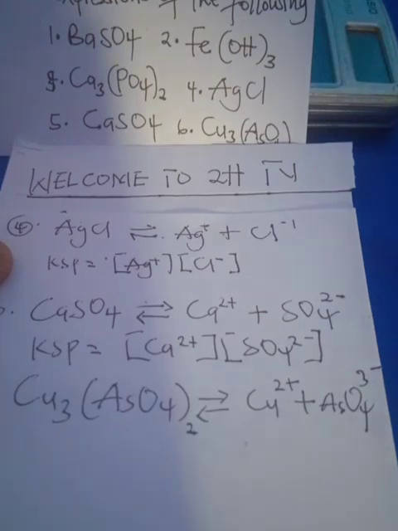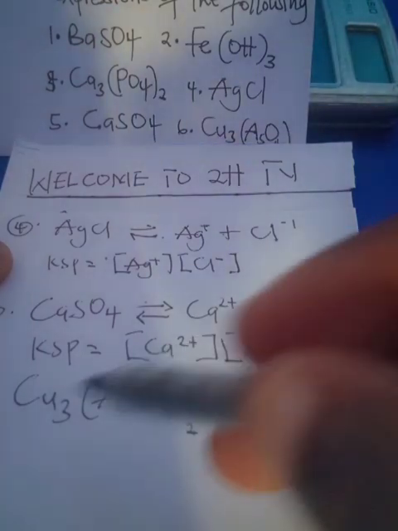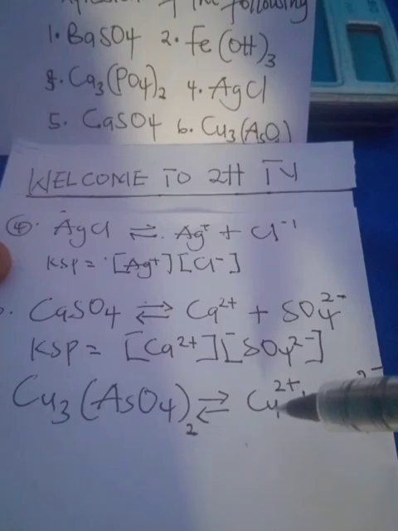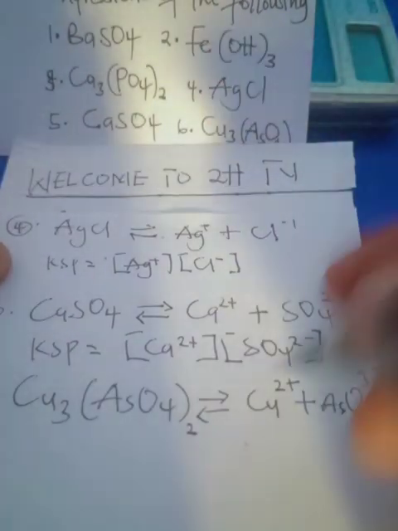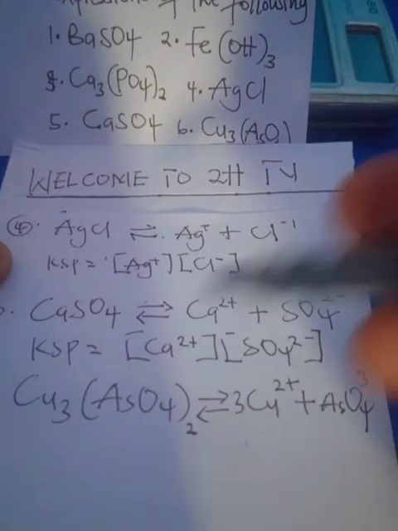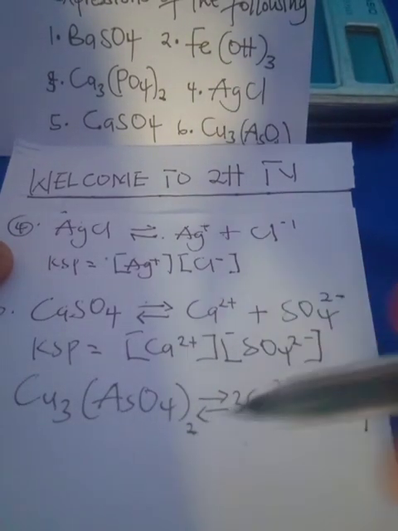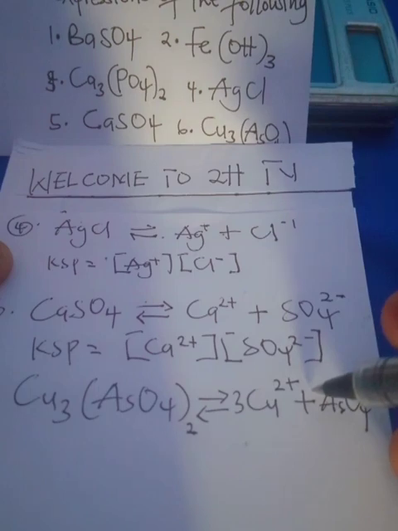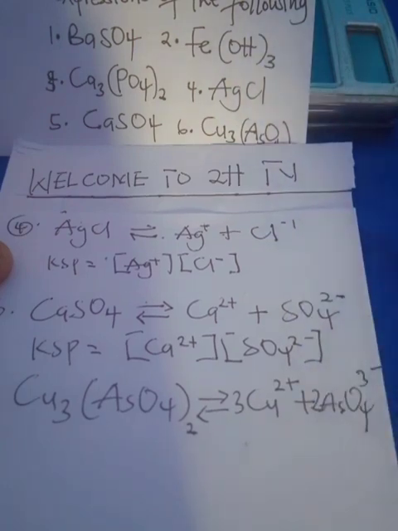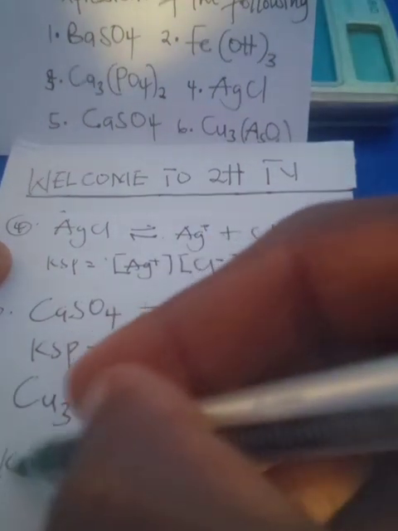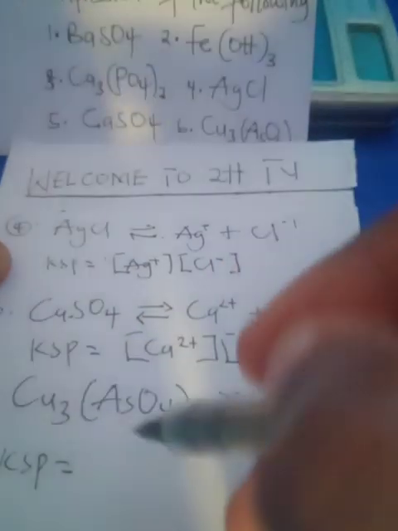So we check whether it is balanced. We have copper to be 1 here, we have it to be 3, so 3 in front. We have AsO4 to be 2 here, we have it to be only 1 here, so we put 2 in front. Now our equation is balanced, so we quickly write the KSP expression of it.